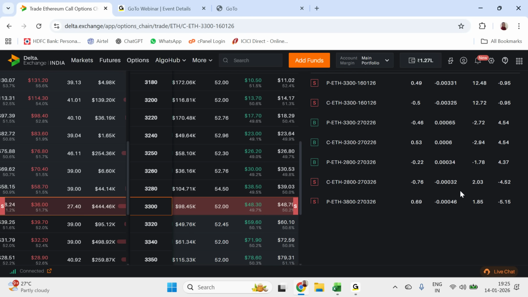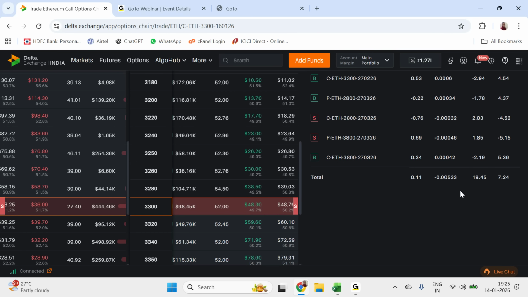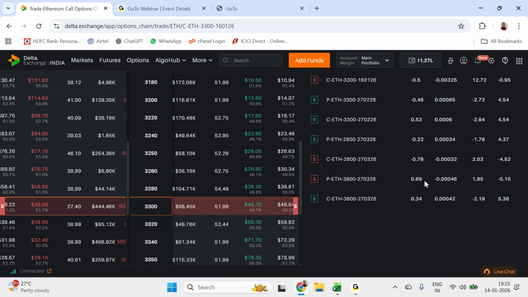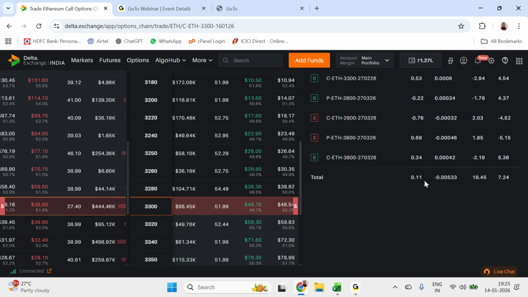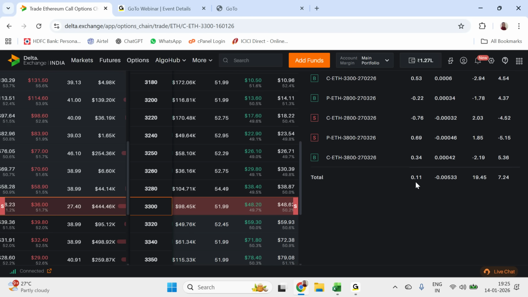Earlier we had a delta of 0.05, and it has come to 0.01. It is for 100 lots. For one ETH lot, this is divided by 100, so we are coming to almost zero. Still, if you want to reduce it, since it looks positive, we can add some 10 lots of put somewhere and make it zero.